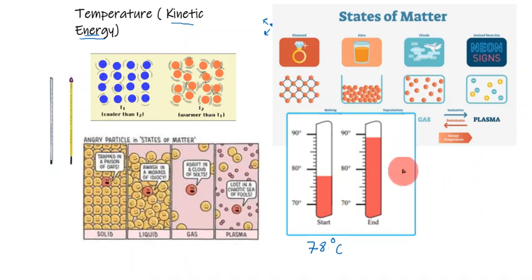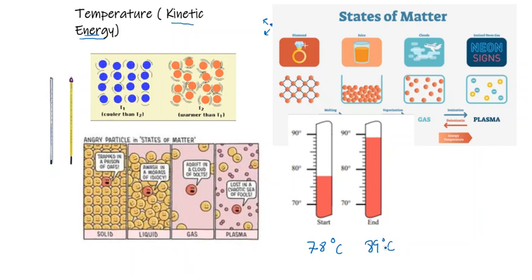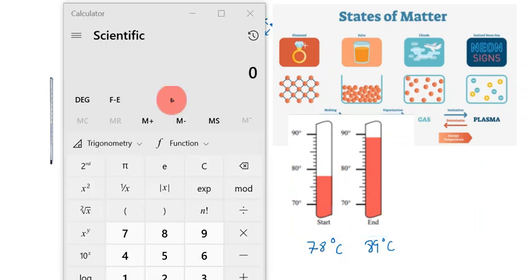And what we can see then is that it has moved up to 89 degrees Celsius. So what we can do then is measure the difference in temperature from the start until the end. So how many degrees did it move up? We can see that it went up to 89 degrees.